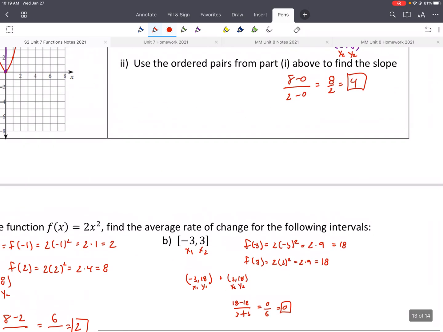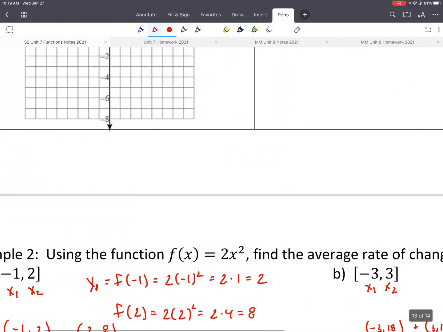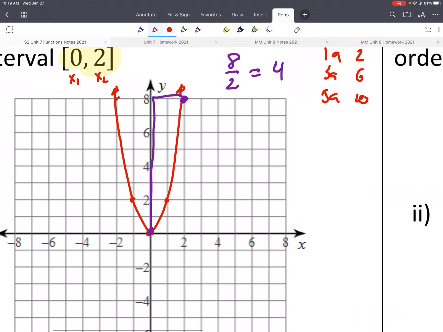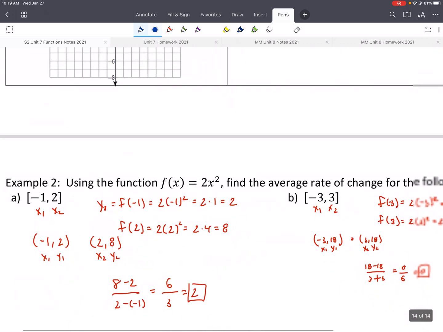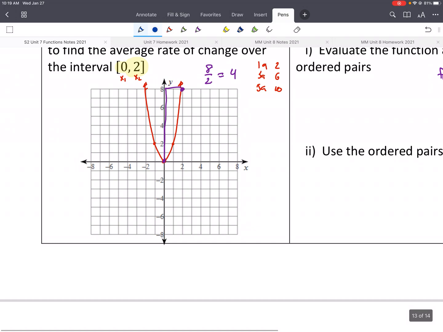Which kind of makes sense because we did negative 3 to 3, and that won't be on this graph, but if we did something like from negative 1 to 1, our points would be like here and here, and the slope between those two would be 0. And this other one we went from negative 1 to 2, so that would be like from here to here, and then this would be your slope, where you go up 6 over 3, gives you a slope of 2.